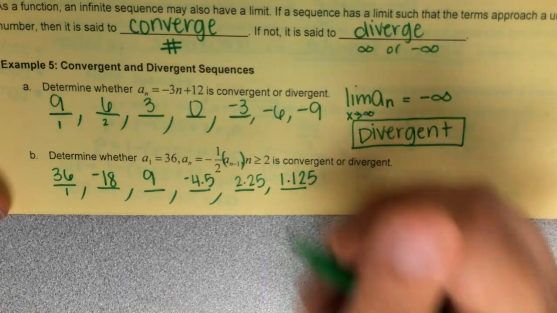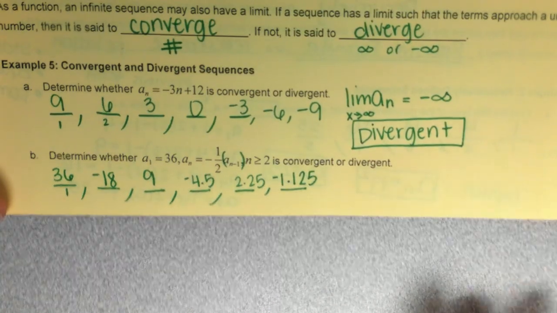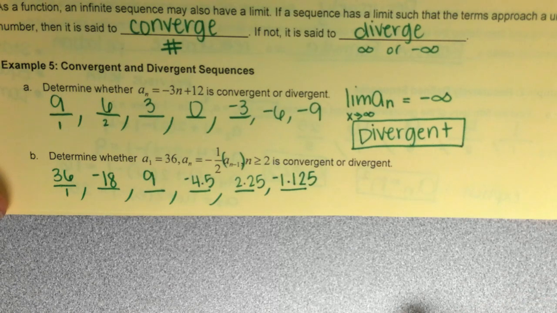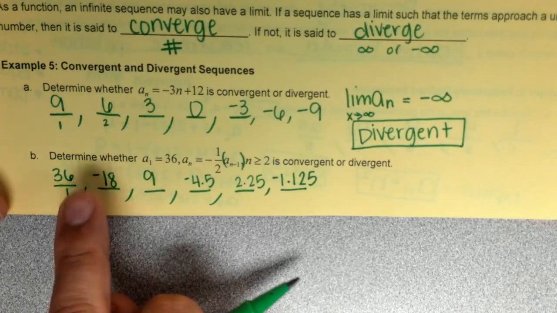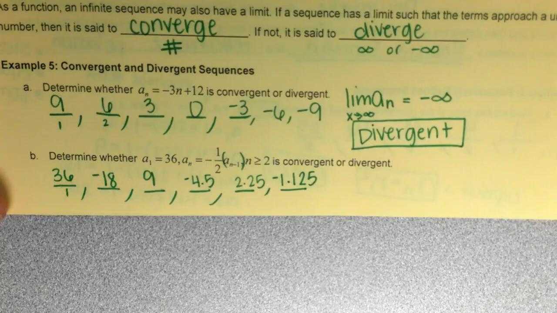Times negative 1/2 is negative 1.125, right? And then what's going to keep happening as I keep multiplying by negative 1/2, or dividing by negative 2? It's going to get smaller and smaller and smaller. Is it ever going to hit 0? No. But what is it doing? This one is actually kind of interesting because it's alternating signs. But it's still going to be approaching 0 from both sides, right?